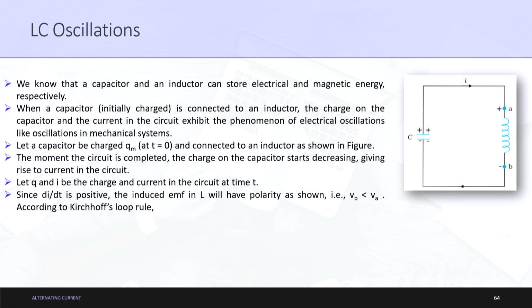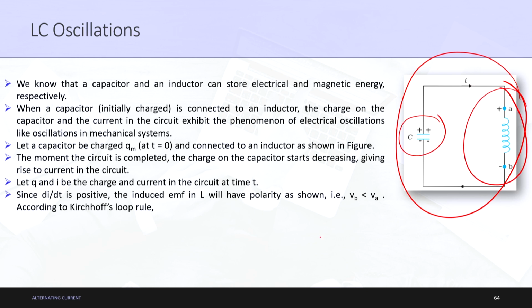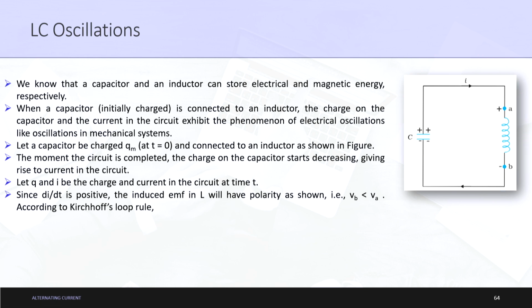Okay. So, LC oscillations. As the name suggests, the only circuitry this has is a capacitor and an inductor. We know that a capacitor and an inductor can store electrical and magnetic energy respectively, right. This concept was explained in the electromagnetic induction chapter.